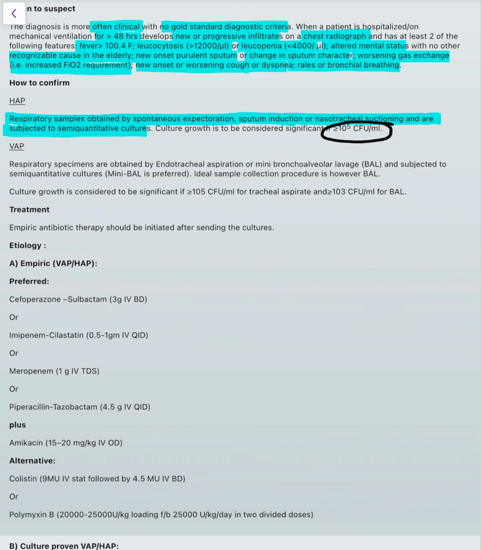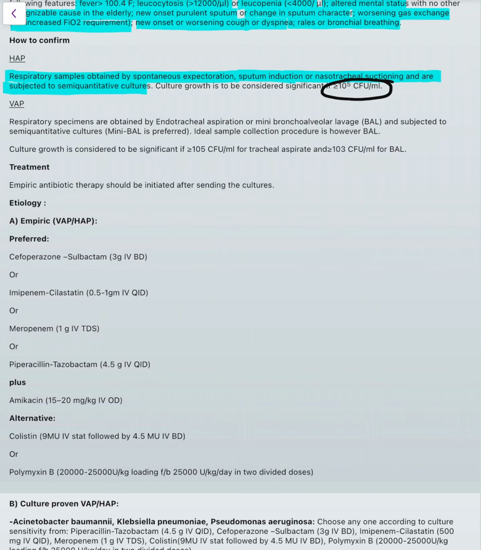For VAP similarly, respiratory specimens are sent, obtained from endotracheal aspiration or mini bronchoalveolar lavage, and subjected to semi-quantitative cultures. The ideal sample collection procedure is however the mini bronchoalveolar lavage. It is considered significant when it is more than or equal to 10 raised to 5 colony forming units per ml for tracheal aspirate and more than 10 raised to 3 for bronchoalveolar lavage.